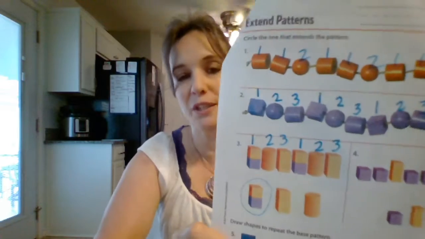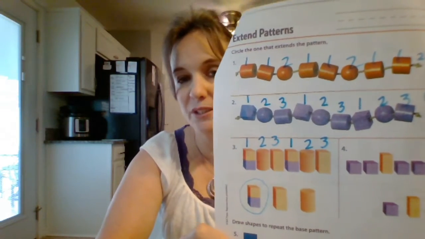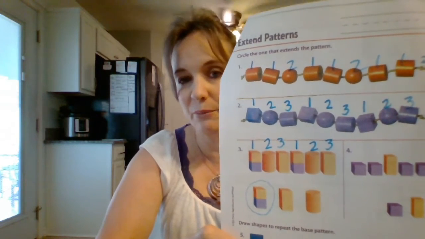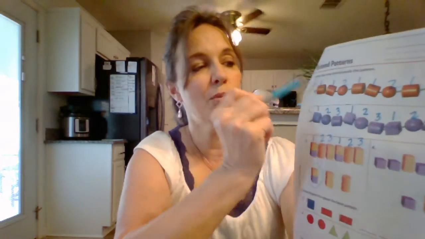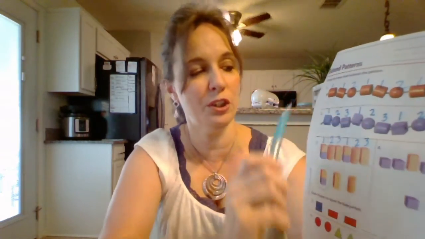Don't just rush through this. I know this is easy, but I'm wanting you to see the type of patterns that we have. See, we had a 1, 1, 2, 1, 1, 2. Then we had a 1, 2, 3, 1, 2, 3, and we had that again. Okay, now let's look at the next one. Oh, it's 2 cubes, so it's 1, 1, and then a rectangular prism. 2. 2 cubes, 1, 1, 2.